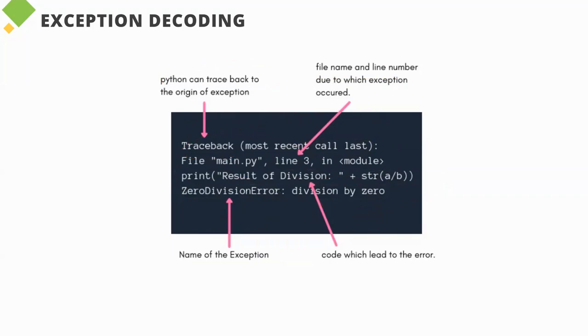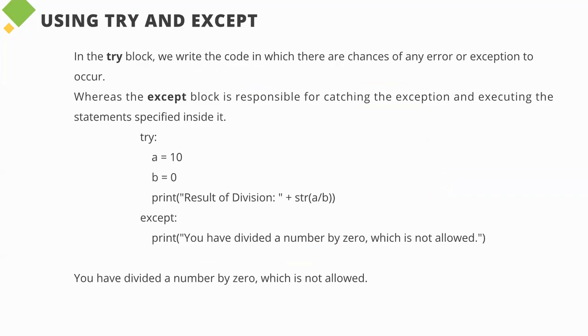Now let's move on to using try and except. By using these two blocks, you can handle the exception. Whenever we write code which has a high chance of raising an exception, we use the try block.